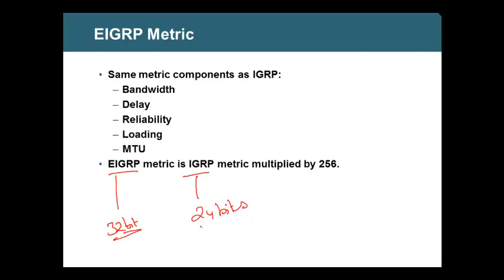So how many is the difference? 8-bit. What is the value of 8-bit? 256. That is why they have written here, to know the EIGRP metric for IGRP, you need to take the IGRP metric and multiply by 256, and you will get the EIGRP metric.